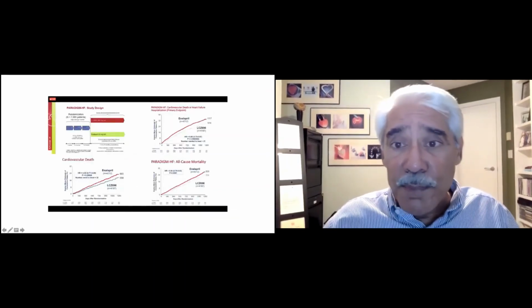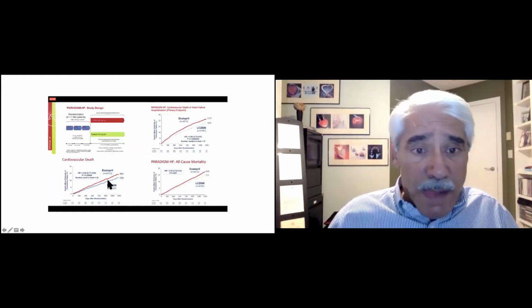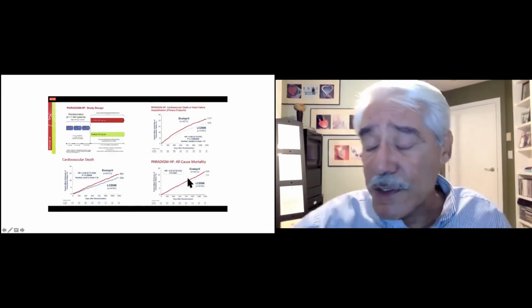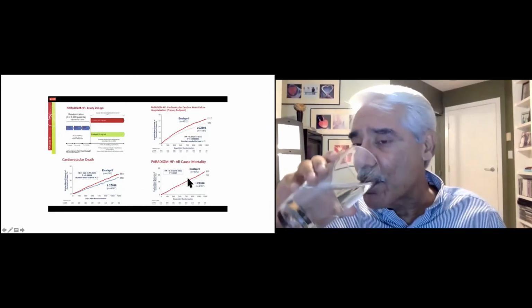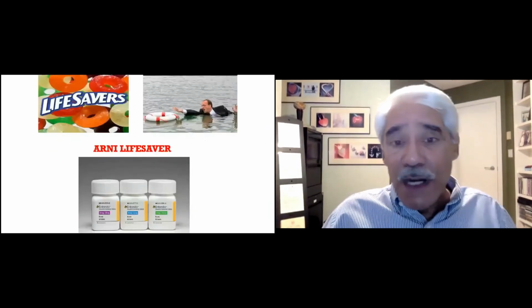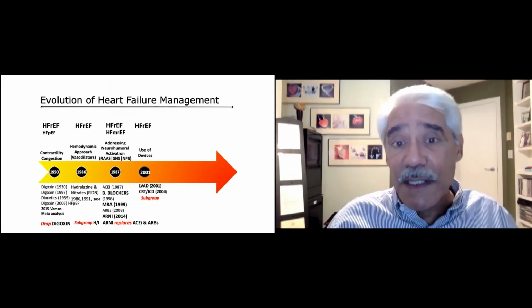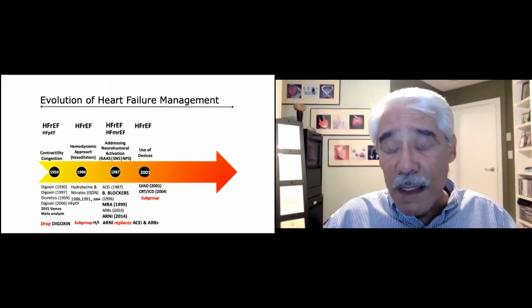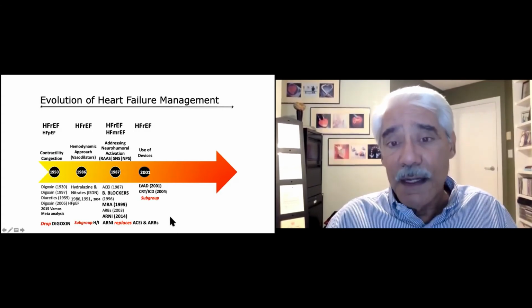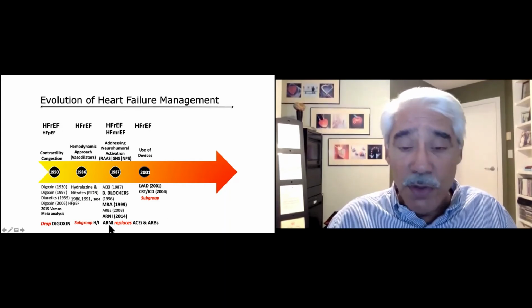So it improved the primary endpoint, decreased cardiovascular death, and also decreased all-cause mortality. So the ARNIs became lifesavers, which improve heart failure mortality over and above what ACE inhibitors can do or ARBs can do.